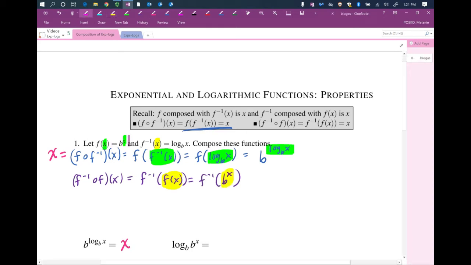And that's from this piece right here, how we defined our function. So if f inverse of b to the x is what we're trying to find next, we know that when we have an input of f inverse, it becomes the operand of log base b. So this is log base b of x, but our x is now b to the x. So we write this as log base b of the new x, which is b to the x.